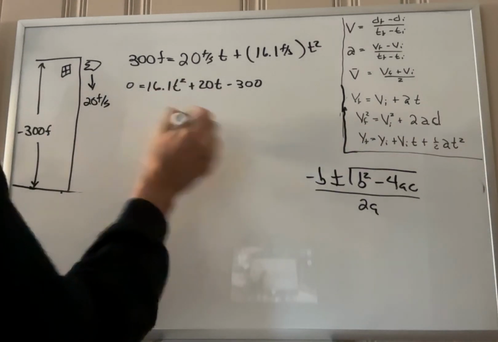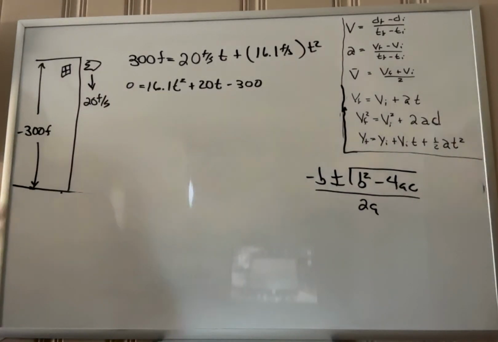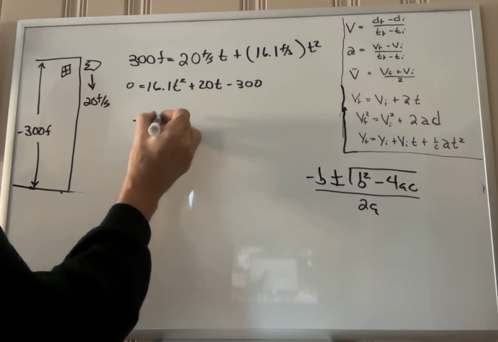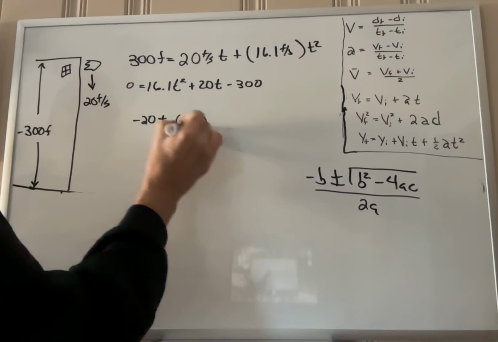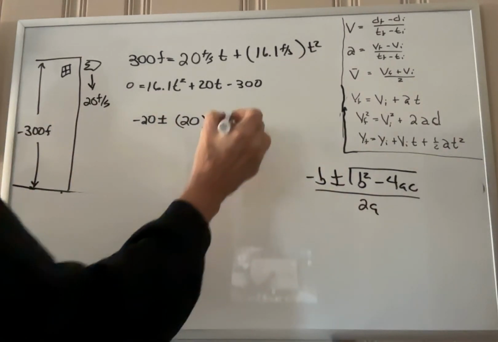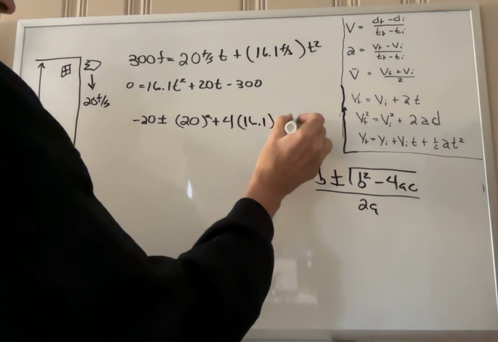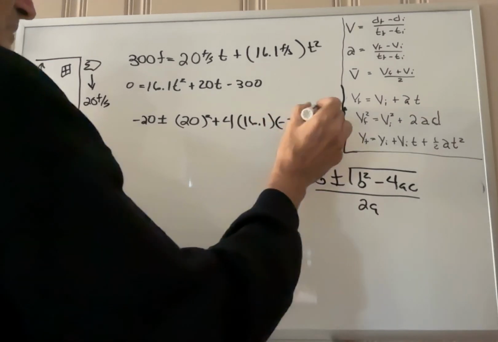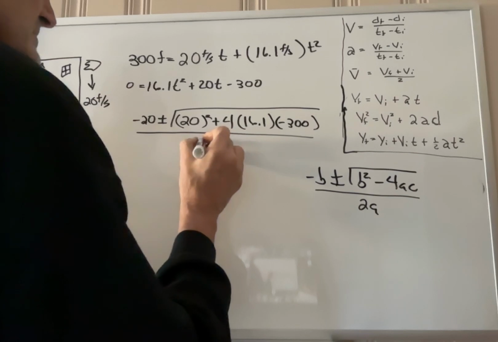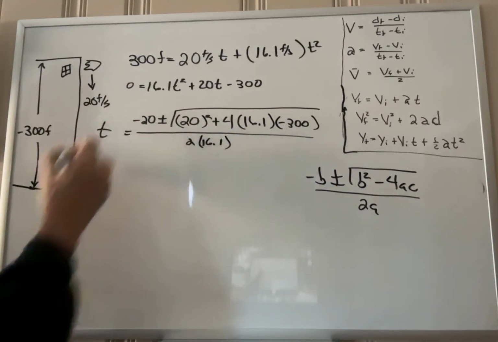So let's solve it. Our negative b would be negative 20 plus or minus 20 squared plus 4 times a, which is 16.1, times 300. We're going to take the square root of that and divide it by 2 times 16.1. And this is going to be equal to our t.